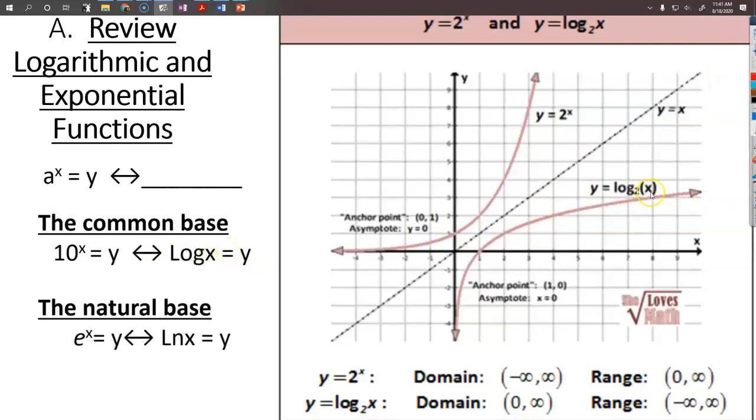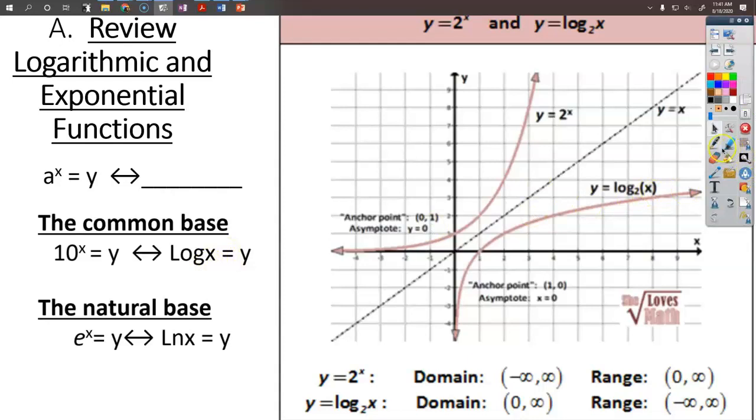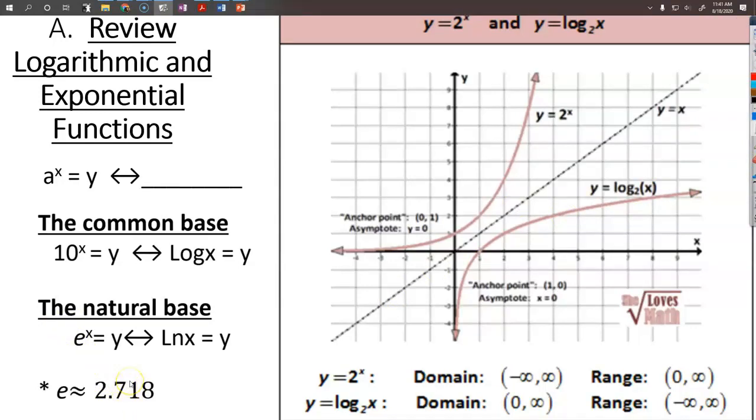The other special base is the base known as e. It's called Euler's number. e is a value that is 2.718. No, it's not random. It's actually quite an amazing number. I'm not going to go into why right now, but basically, they call it the natural base because it works quite naturally with exponential and logarithmic functions.